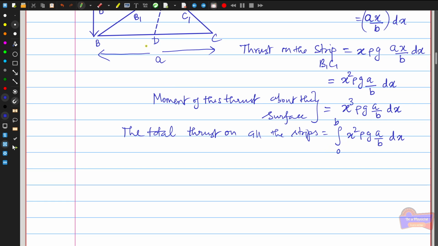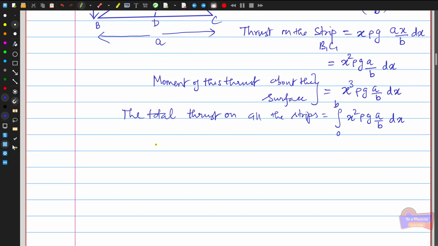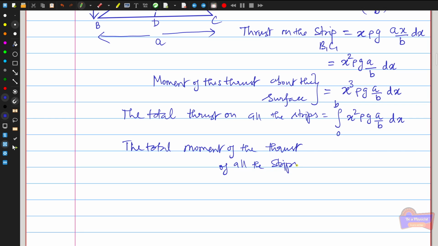Similarly, the total moment of the thrust of all the strips is the integration from 0 to b of x cubed rho g a divided by b into dx. So we integrate these two equations in the limits 0 to b to find the total thrust of all the strips as well as the total moment of the thrust.